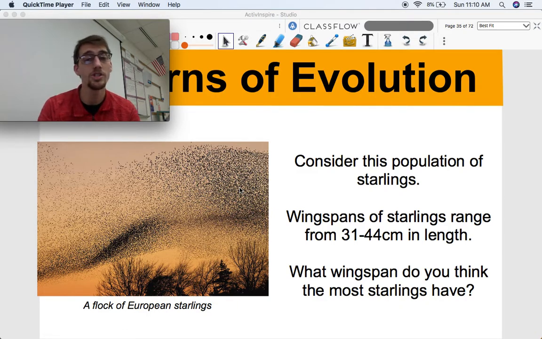When you consider a ginormous flock of European starlings, what wingspan do you think most of the starlings have? The tiniest starlings have a wingspan of about 31 centimeters, and the biggest have a wingspan of 44 centimeters. But where do you think most starlings are in terms of the length of their wingspan?